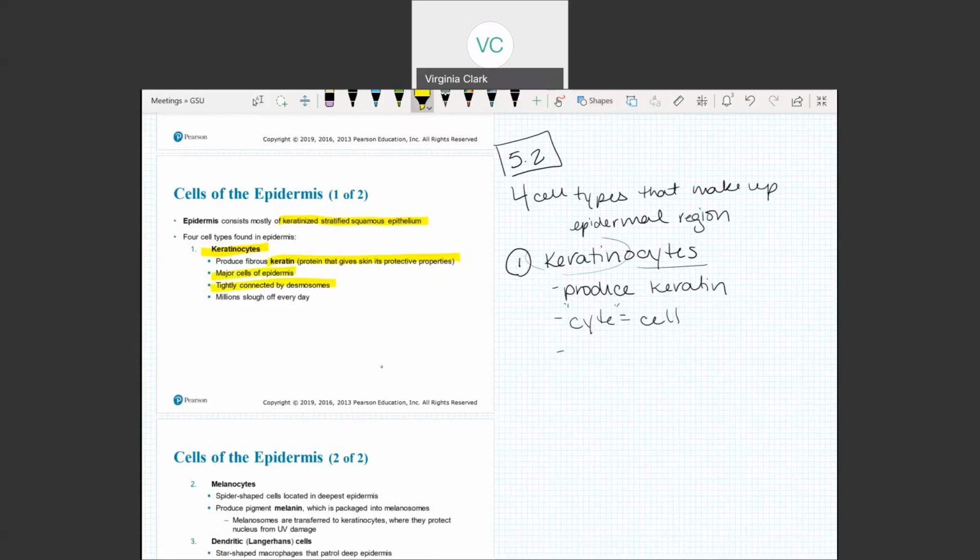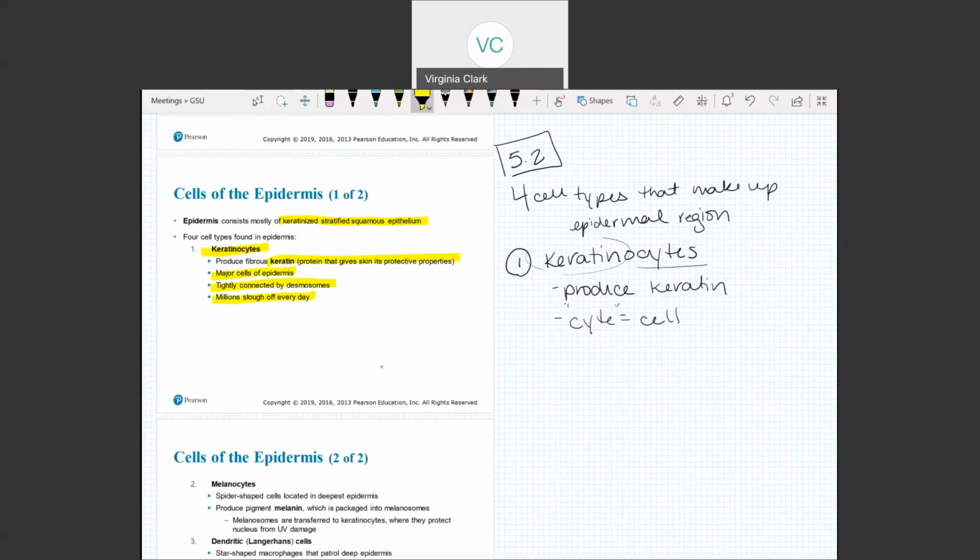So that means, thinking back to the previous chapters on how cells are connected to each other, go back and review what desmosomes look like. So this is our outside layer, remember our epidermis. With this keratinocyte, we are talking about millions of these types of cells getting sloughed off every day.